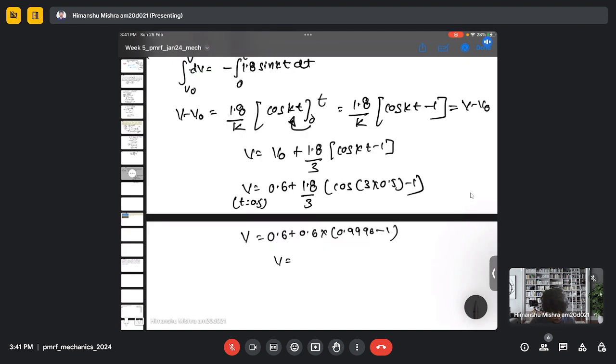So here the velocity will be 0.599 meter per second at time equals 0.5.